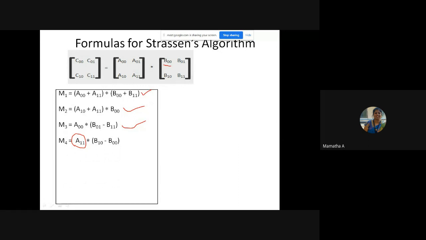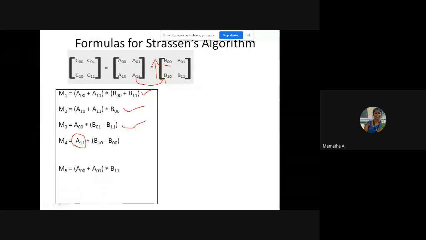You can take last element multiplied with B10 minus B00. You can take the corresponding element here, the mirrored element. From there, it is the subtraction. Are you understanding? A11 into B10 minus B00. Right?